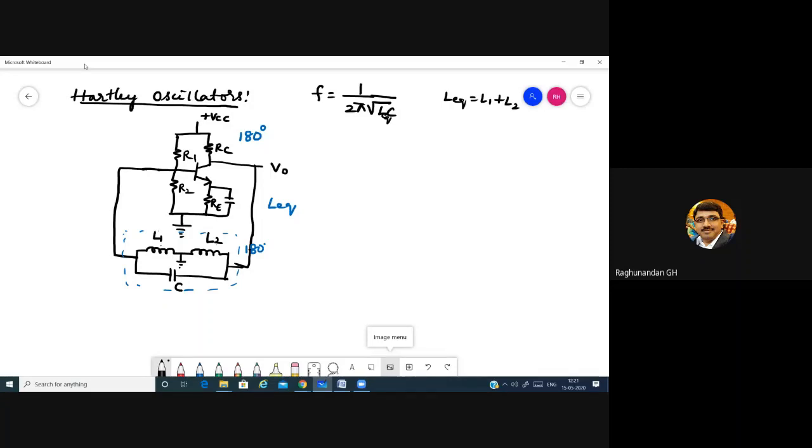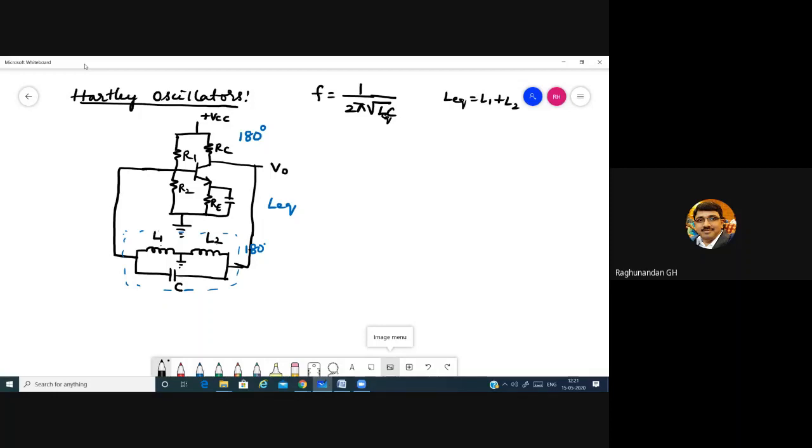To get the required phase shift, if you remember in Wien bridge oscillators also, the imaginary terms should be equated to zero, so that the feedback and the input and output of the amplifier are in phase.